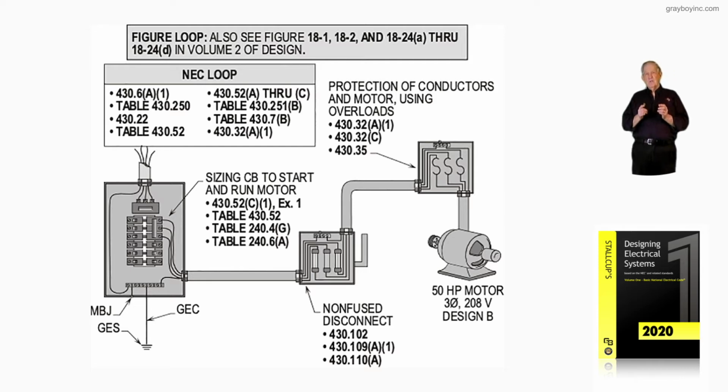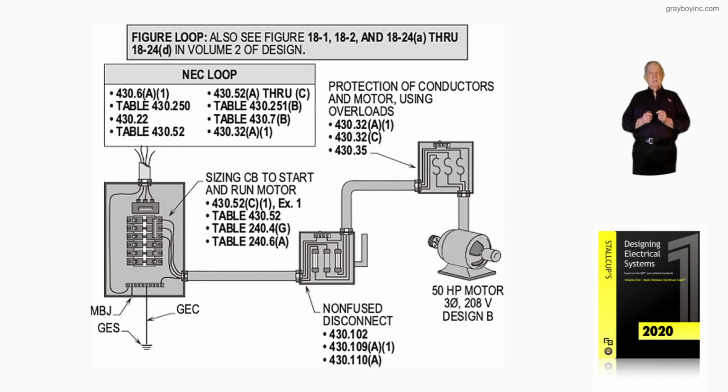They were never taught, or whoever was teaching them forgot to or didn't know to teach them, 240.4G. So we provided a table a few cycles back, table 240.4G, and listed loads in that table that would require an inrush current to start and run and operate properly.